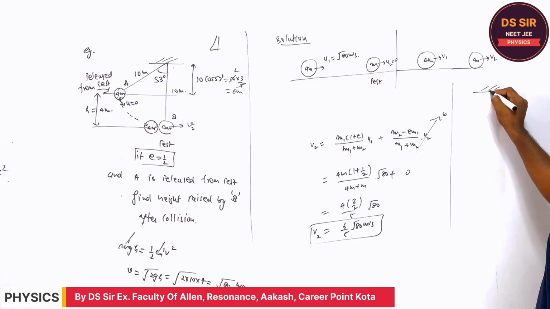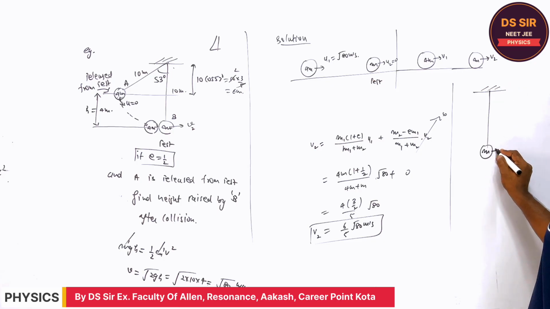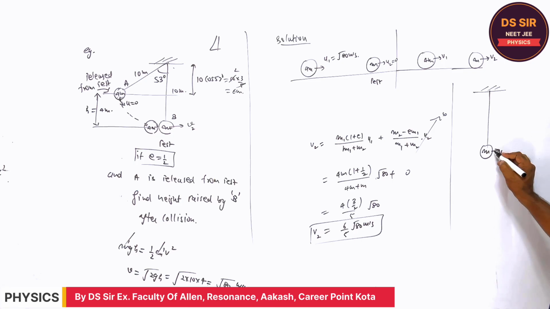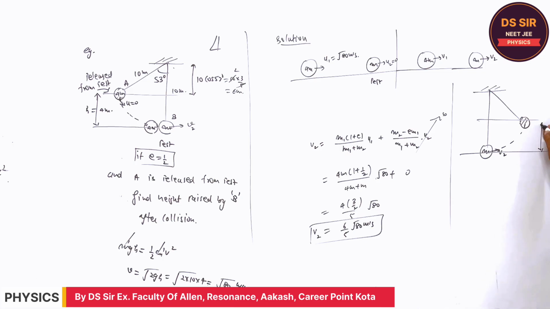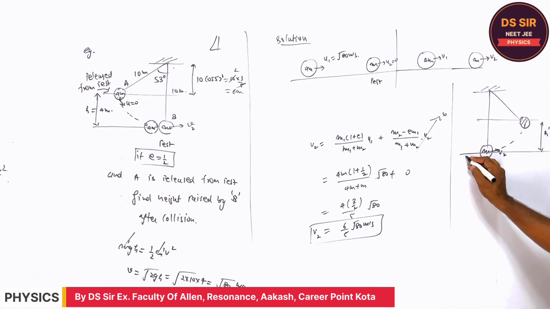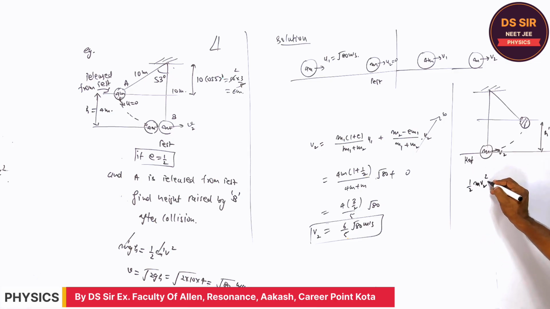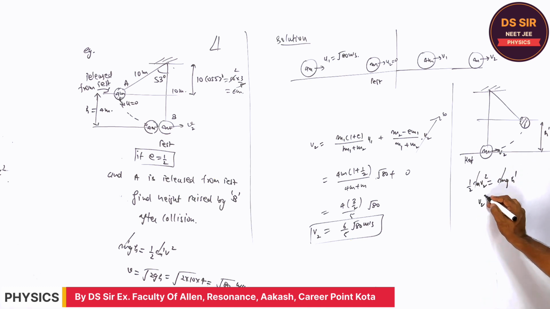If you consider this mass m, after collision this ball will start moving with this speed. Up to what height it will rise, you have to find. This is the height h dash. Again, what will you apply? If this is the reference, all the kinetic energy is converted into mgh dash. So m will cancel out, v2 square upon 2g is equal to h dash.